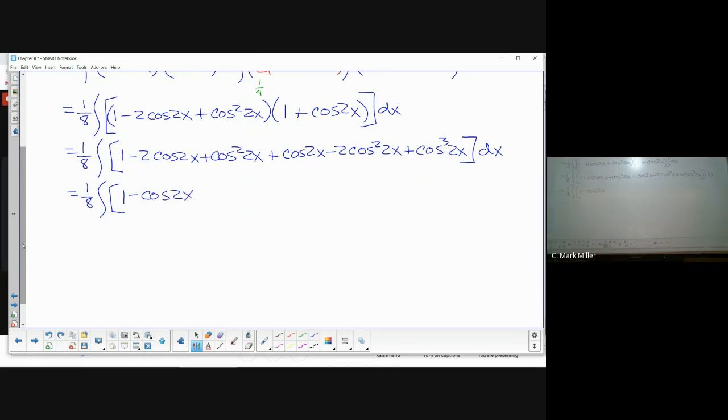So we're combining like terms. Then I have a cosine squared 2x here, minus 2 cosine squared 2x there. So that is a minus cosine squared 2x. And then I have the cosine cubed on the end.